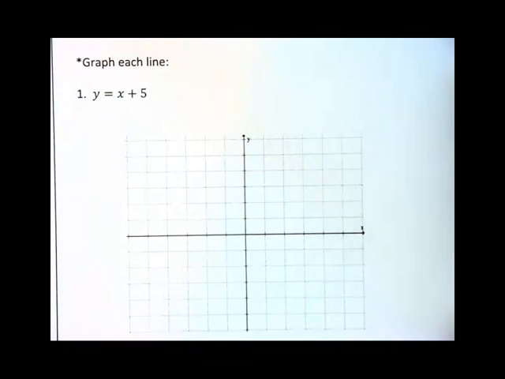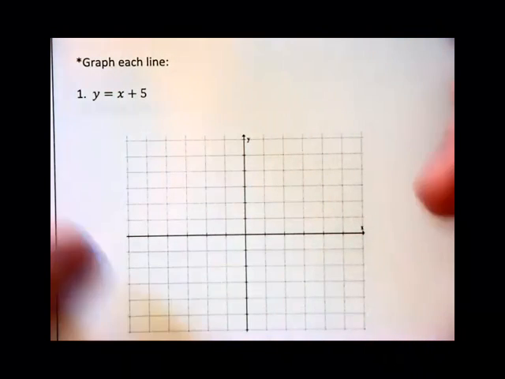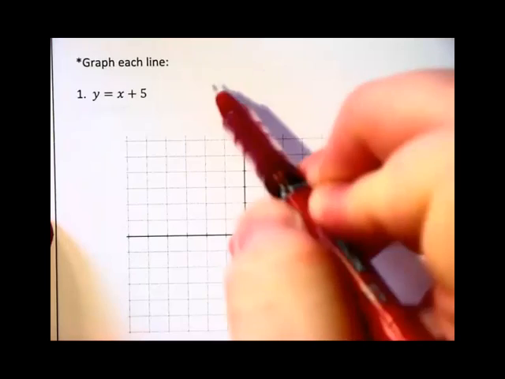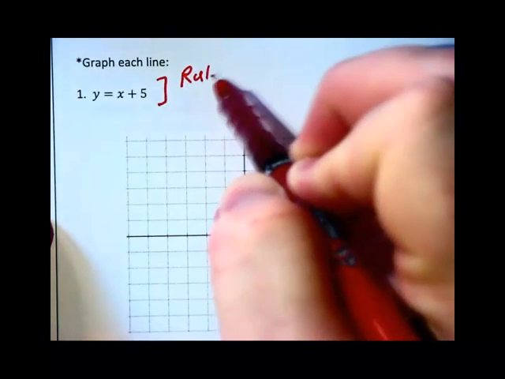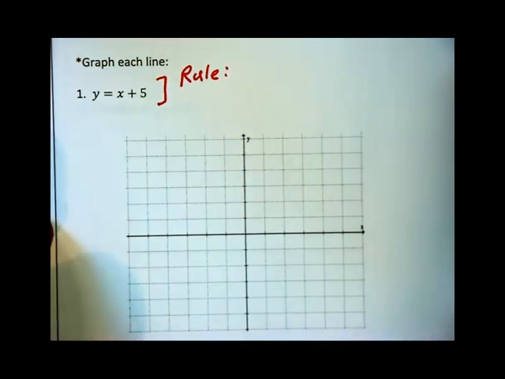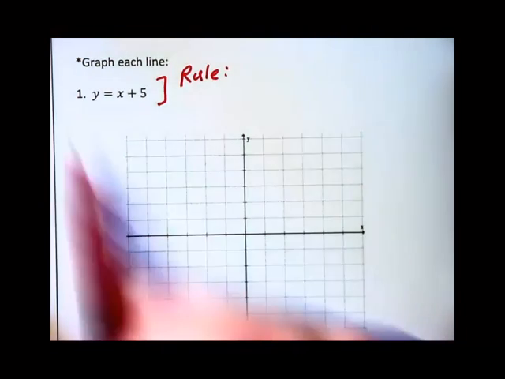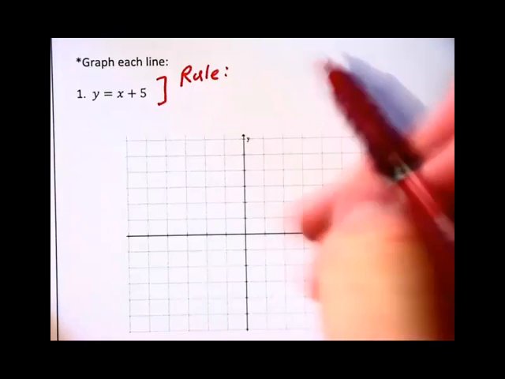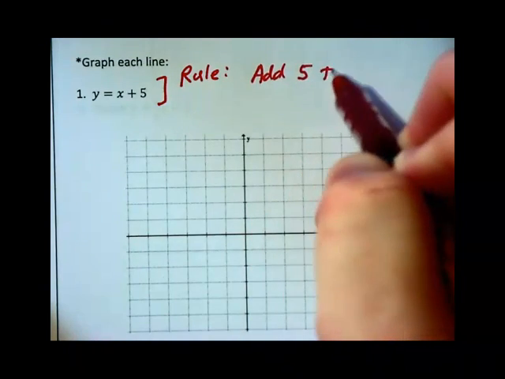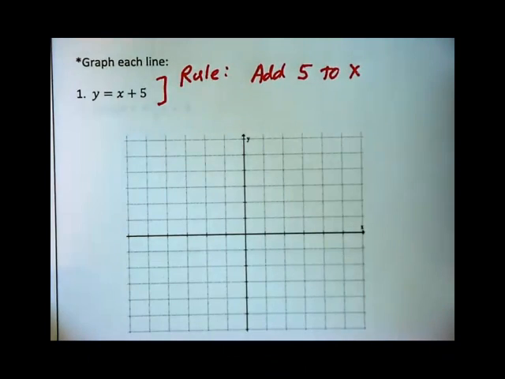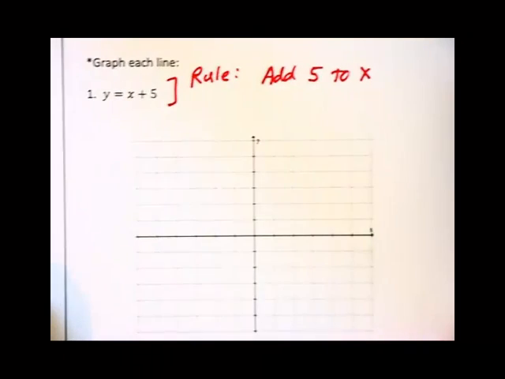Notice it's of the form y equals. I like to describe this equation as a rule describing the relationship between x and y. In this case, if we start with x, we're going to add 5 to x, and that will give you what the y value is.